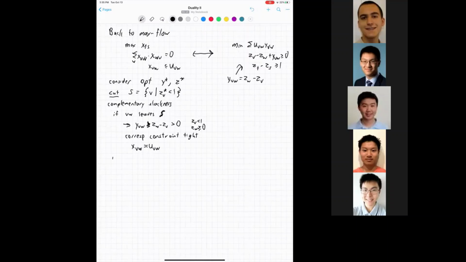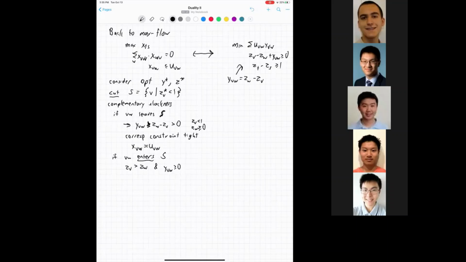Now suppose, on the other hand, that edge VW enters S. Okay. Well, in that case, we know that Z_V is greater than Z_W. We also know that Y_VW is greater than or equal to 0.